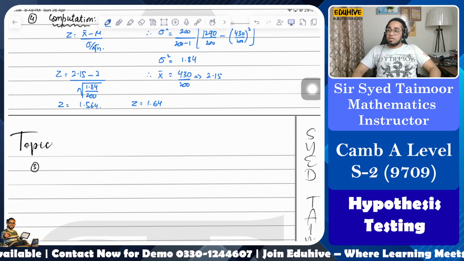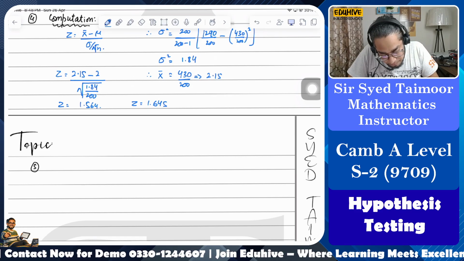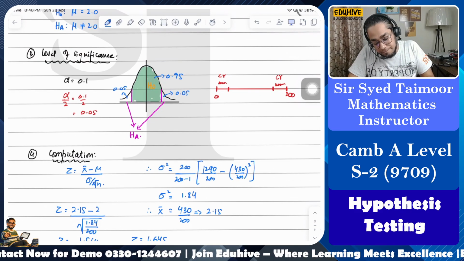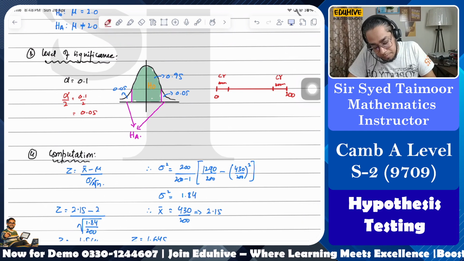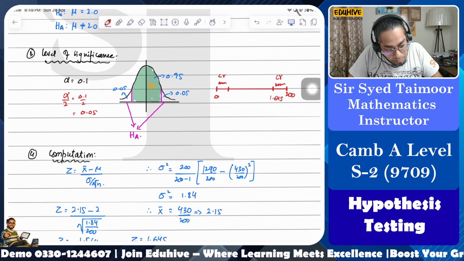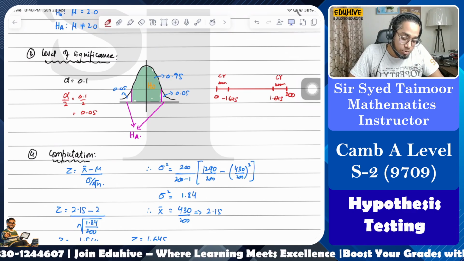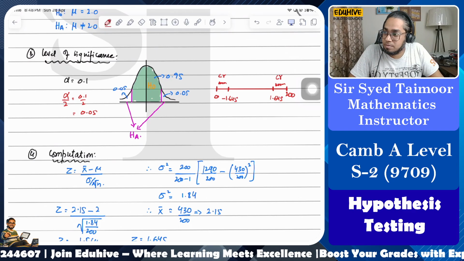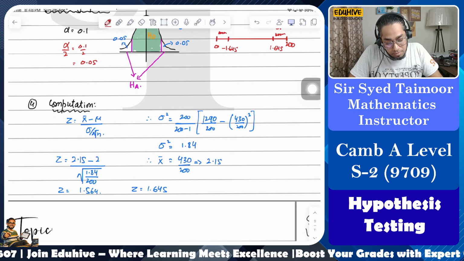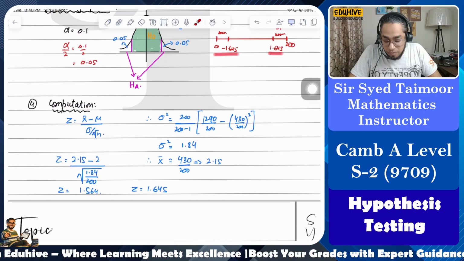Yeah, the 95% value is 1.645. What can you say about your answer? It is plus 1.645 and minus 1.645.